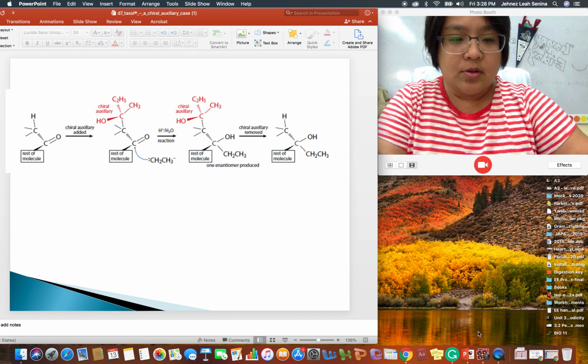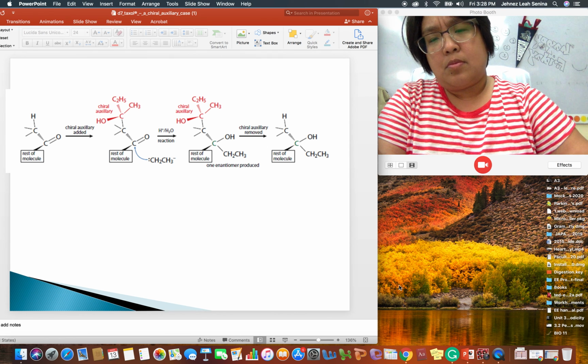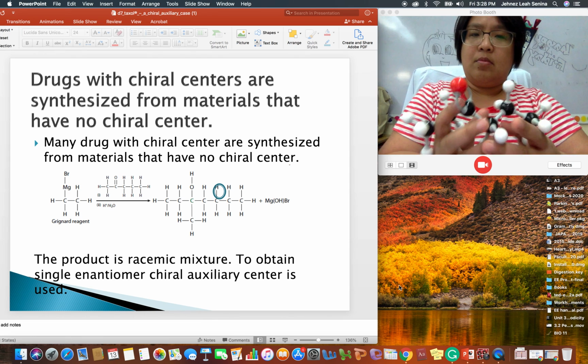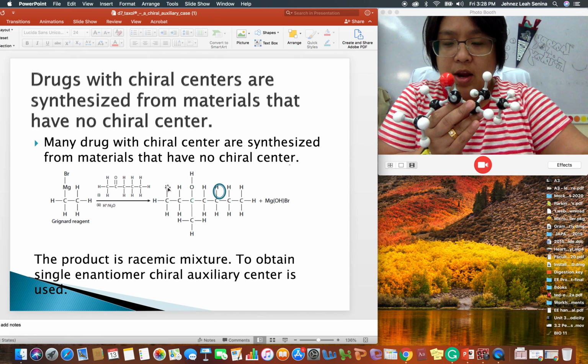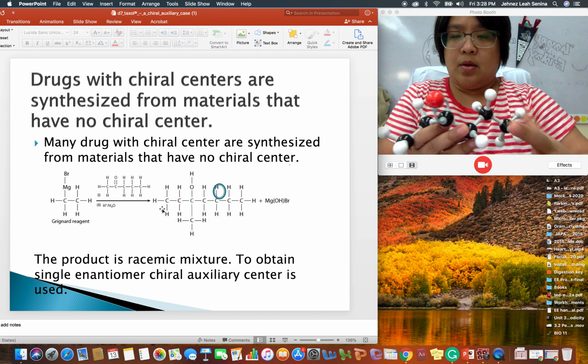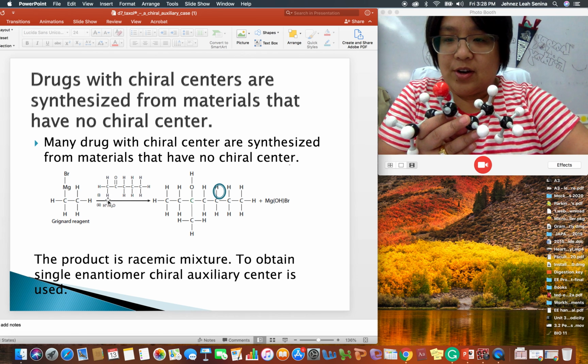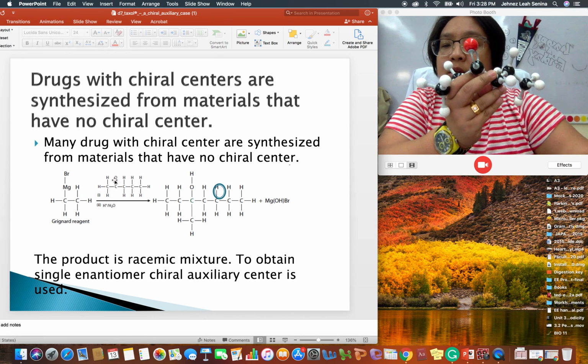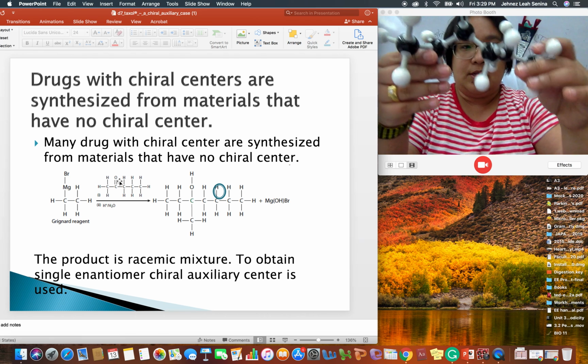Okay, hold on, hold on. Okay, so this molecule right here. Wait, sorry. This molecule right here. There's a fly.